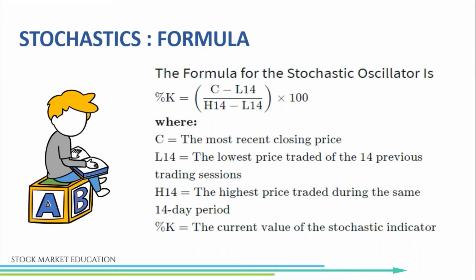Now what is the formula to calculate stochastics? Here, as you can see, it contains percentage K, that is, K is the current value of the stochastic indicator. It is calculated from the closing price, minus L14, the lowest price traded for the previous 14 trading days, divided by H14, the highest price traded during the same 14-day period, minus the lowest price of the previous 14 trading days, into 100.